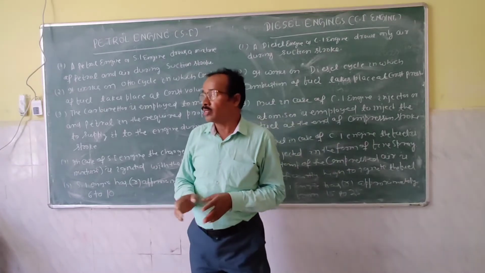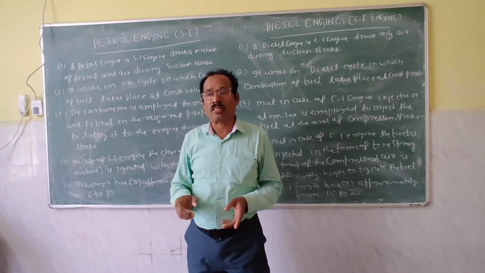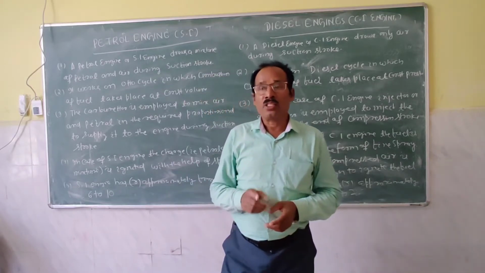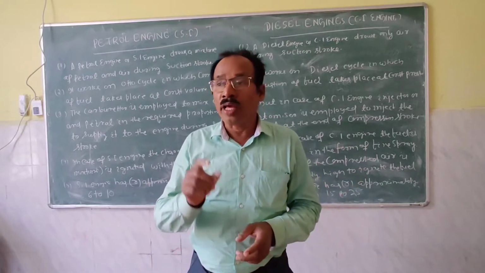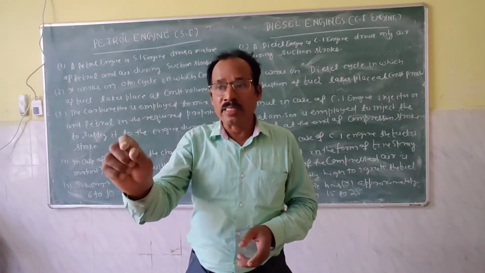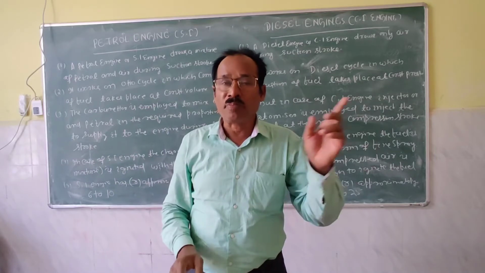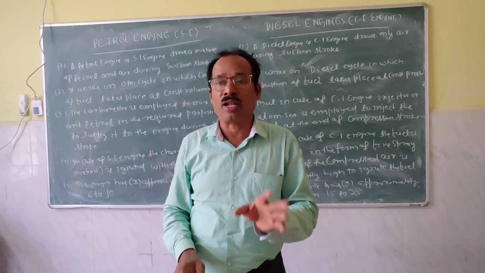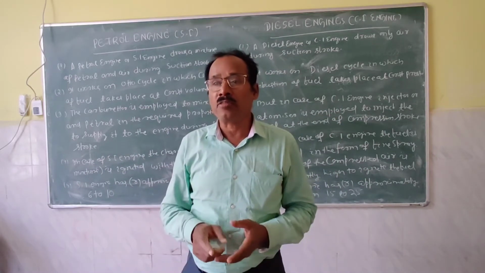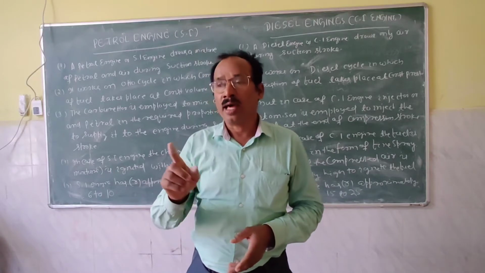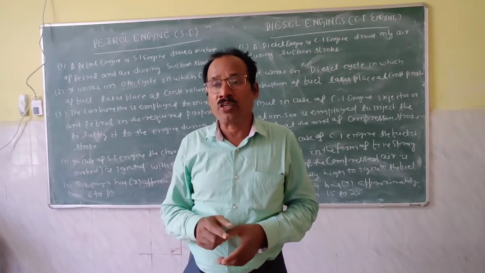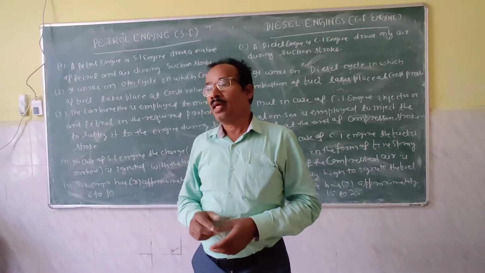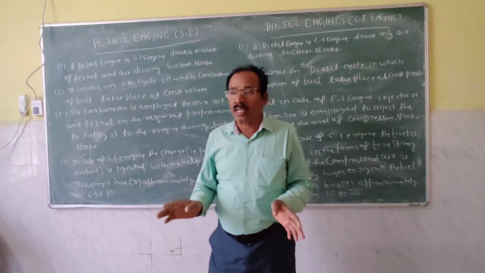Then I have already discussed what is stroke length. Stroke length means the maximum distance travelled by the piston when it moves from TDC to BDC or BDC to TDC. It is measured in meter or centimeter and is denoted by L. Then what is clearance volume?